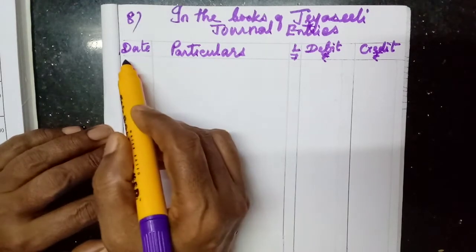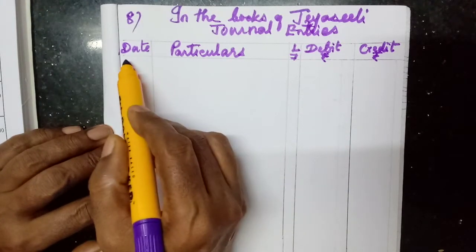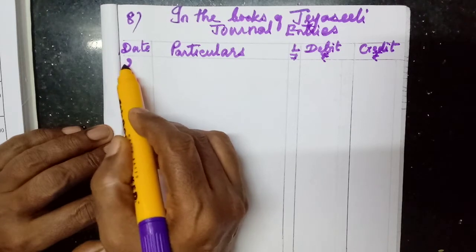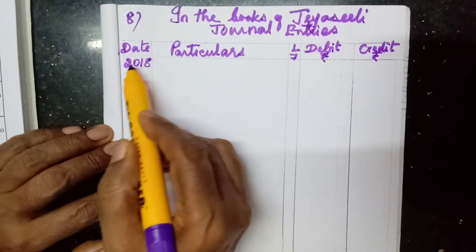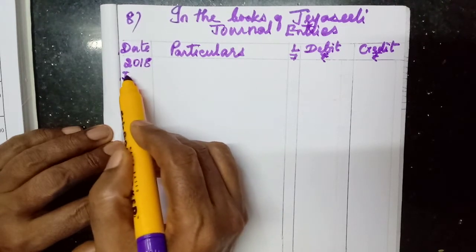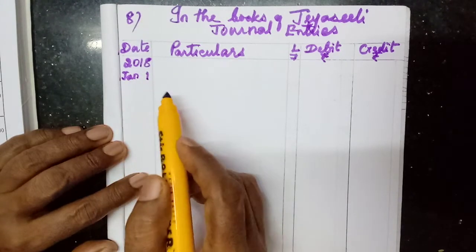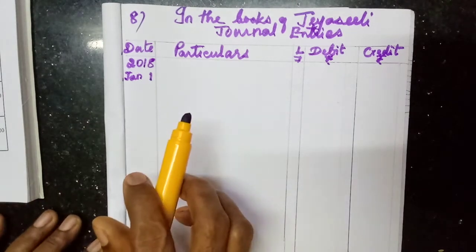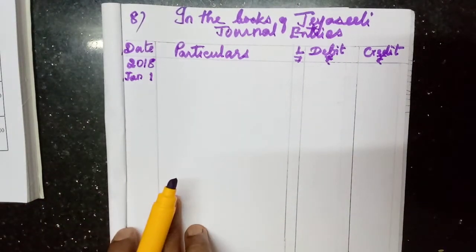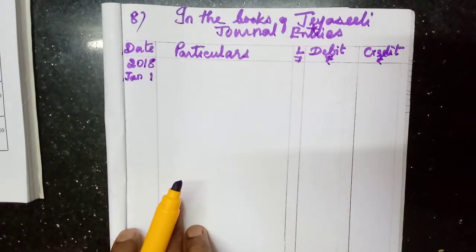Now, in the date, first we should write the year, 2018. Then month, January. Then one small column will be there, you write there, number 1, January 1. Now, the first one, commenced business with cash.